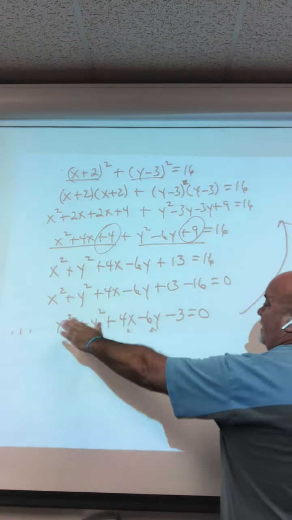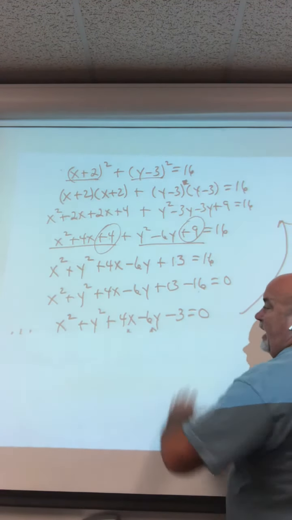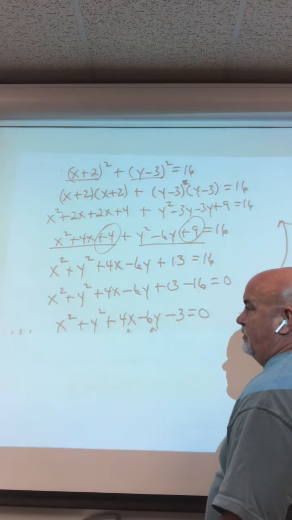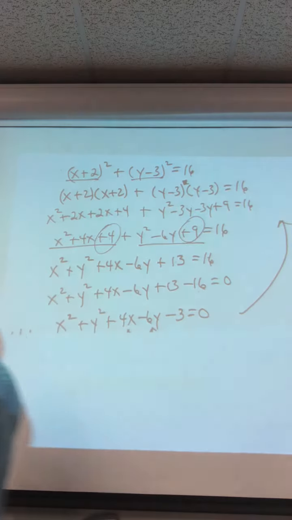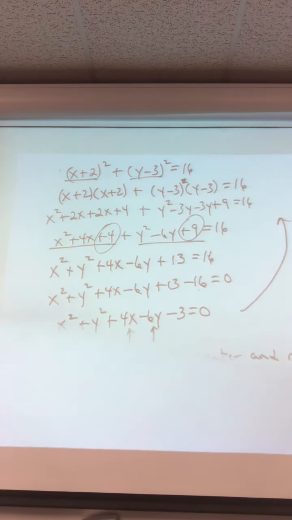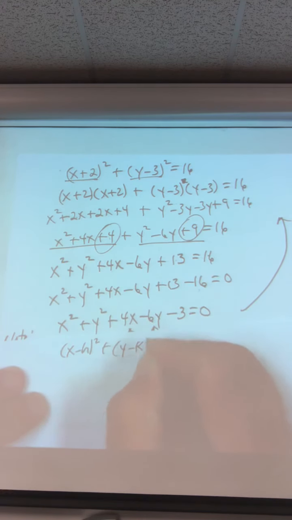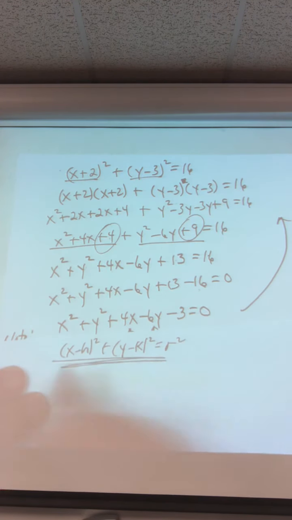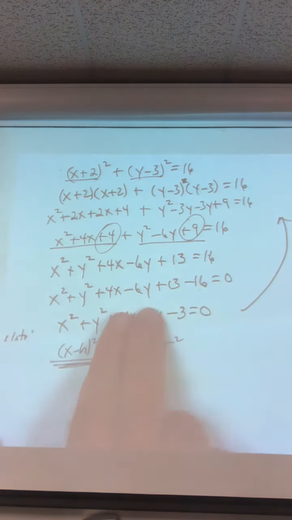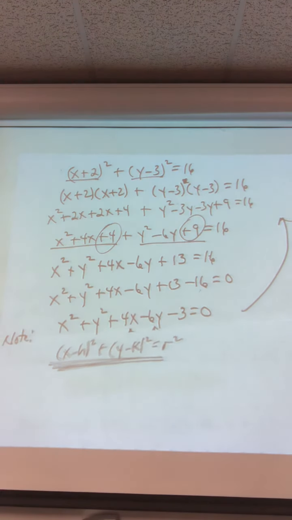Like right here, if I ask you to get the center and radius, you can't get it from this because it doesn't look like this right here. Does that line right there and that line right there look the same? No, they're not even close. Now, if you take these two things out, the center would be 0, 0. But it's because of those extra two variables there.